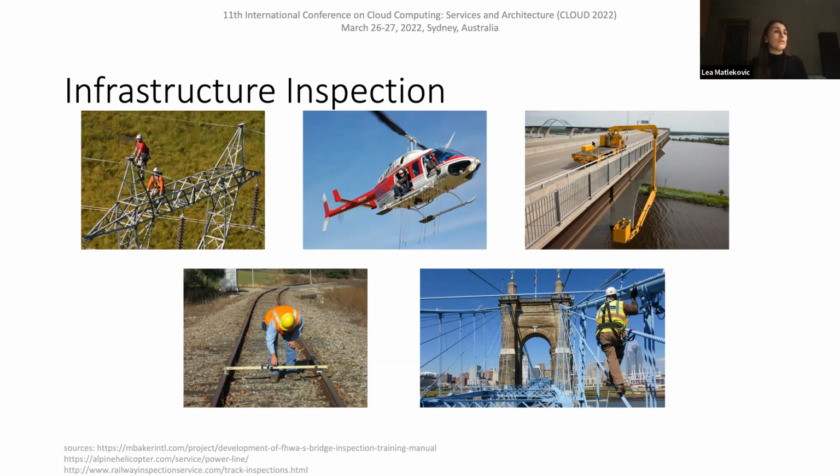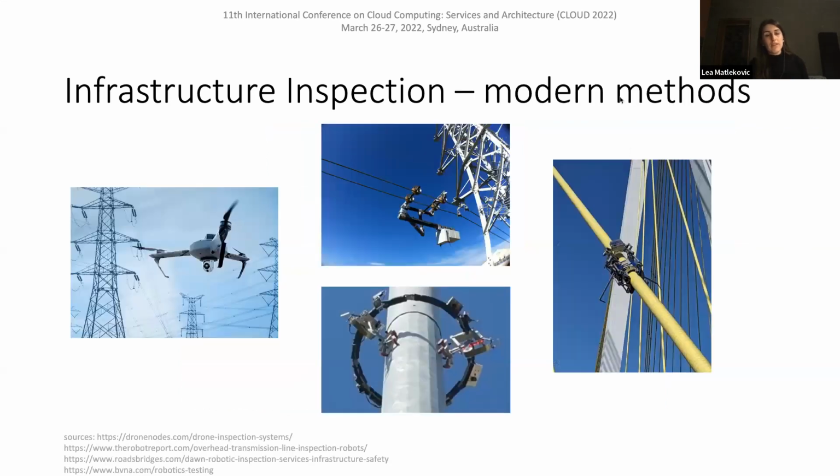It can also be expensive, like employing this heavy machinery or using helicopters, fueling helicopters. So it would be good to have some alternative ways for inspecting the infrastructure. And in recent years, more and more autonomous systems are being employed for infrastructure inspections, to save costs and eliminate risks, like, for example, flying drones or crawling robots for inspecting power lines and bridges.